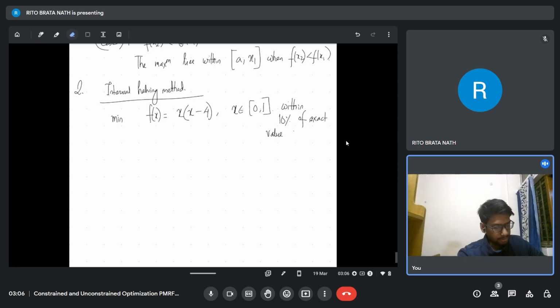Let me just quickly check what the minimum will be within this range. Because it's a bounded problem, anyway, let me do it the other way.